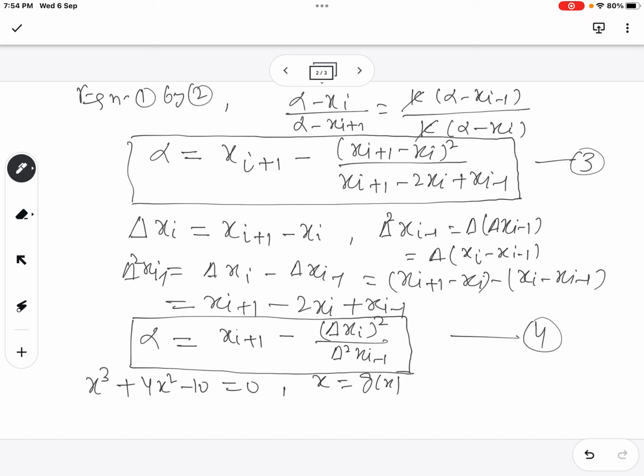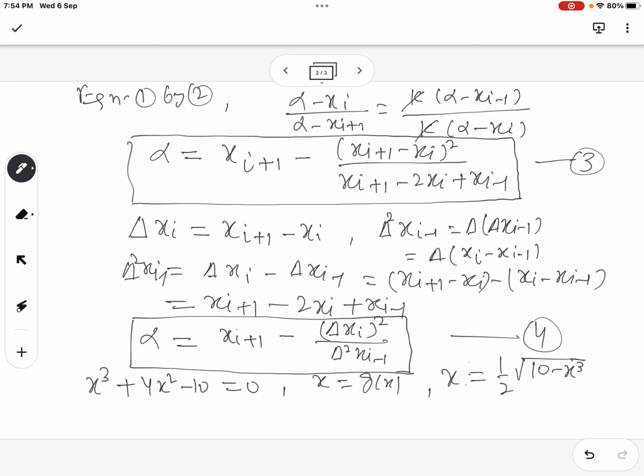This equation was written in x equal to g x form in various ways, and one of the forms was x equal to 1 by 2 root over 10 minus x cube, and we saw that it satisfies the convergence condition.